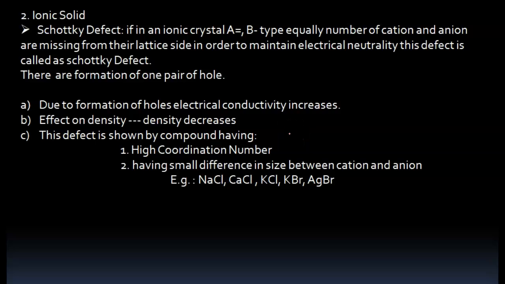ionic solid, in which we will discuss Schottky and Frenkel defect. So first is Schottky defect. If in an ionic crystal with A positive and B negative types, an equal number of cations and anions are missing, that means if two cations are missing, then two anions will be missing, in order to maintain electrical neutrality, this defect is called Schottky defect.